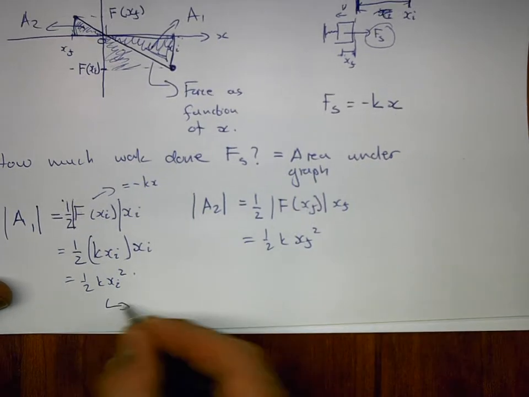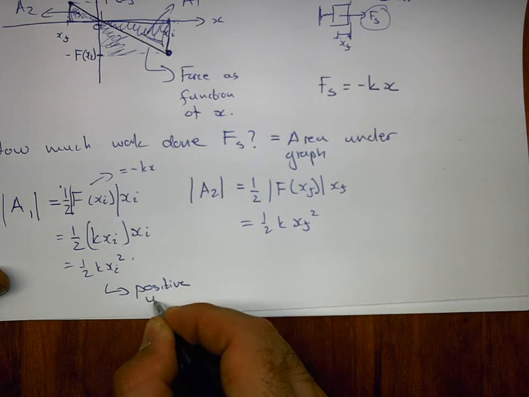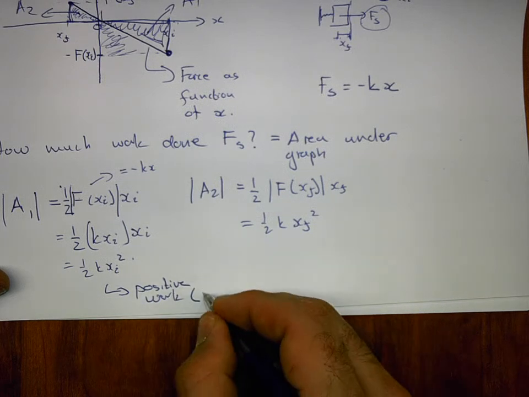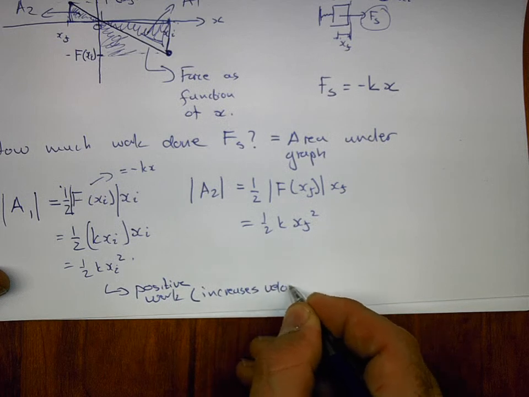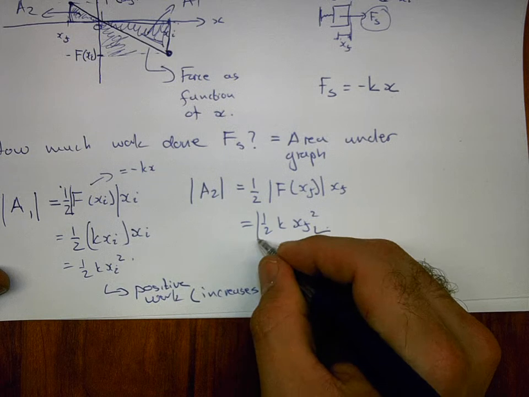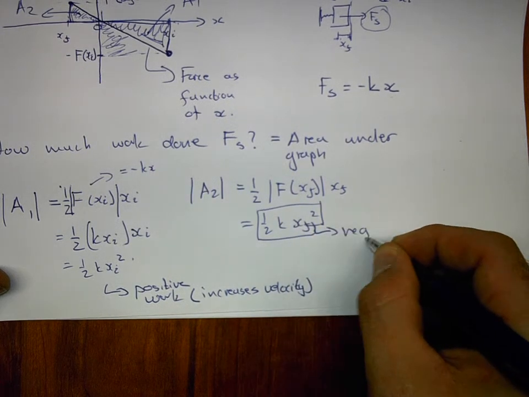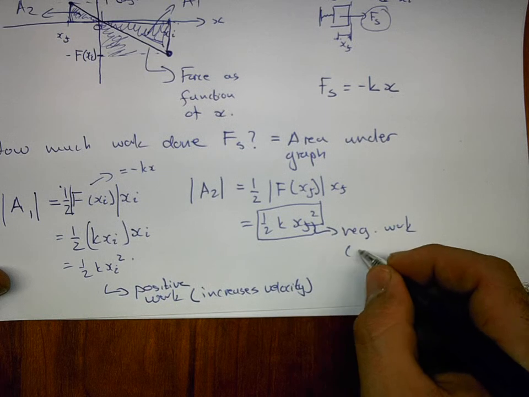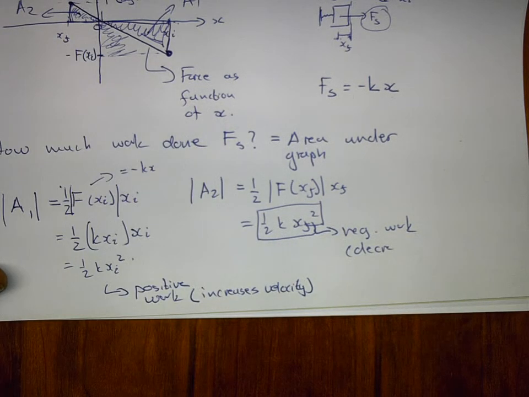So this will be positive work because it increases the velocity. This has to be negative work because it decreases the velocity. It's the work done by the spring force to decrease the velocity.